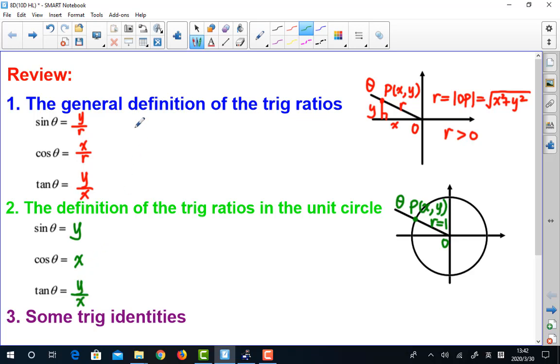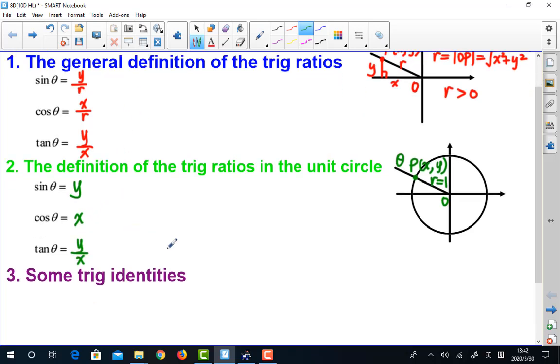Based on either of these two definitions, we also derived two important trig identities. The first one is tangent theta equals y over x in the unit circle definition, and the y is just sine theta, and the x is just cosine theta. Of course, you also can use the general definition to derive the same trig identity.